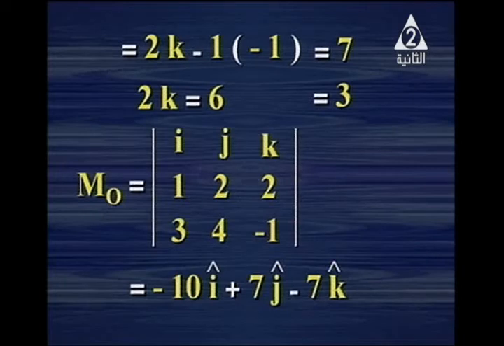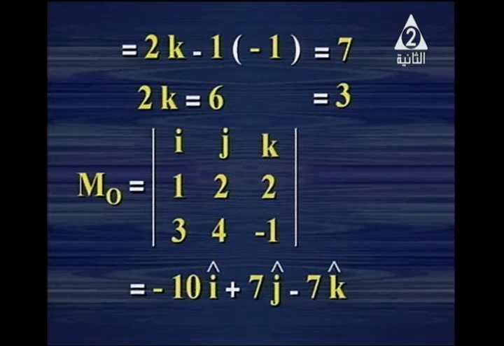What is the cofactor of j? Look at j: the square determinant 1, 2, 3, negative 1. 1 times negative 1 equals negative 1, minus 2 times 3 equals negative 6, giving 7j.